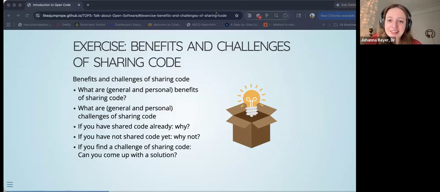It's also fine. And so I assume the rest either doesn't want to speak or has not shared code. So for the people who have shared code, why have you shared code? And did you have considerations, or what was the reason behind it?